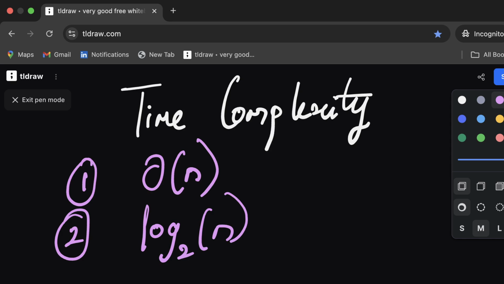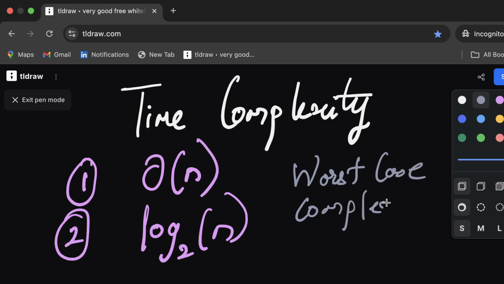Basically whenever we are dealing with time complexity, we would be talking about the worst case possible complexity, right? So we always talk about worst case complexity, that is denoted by O of n.